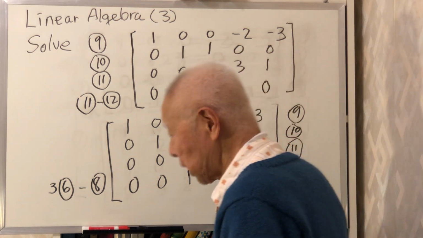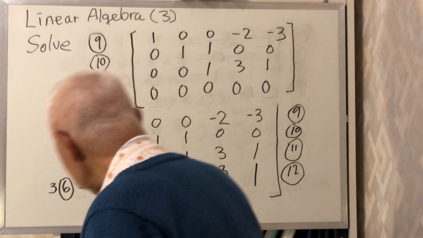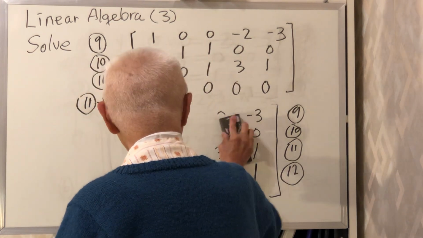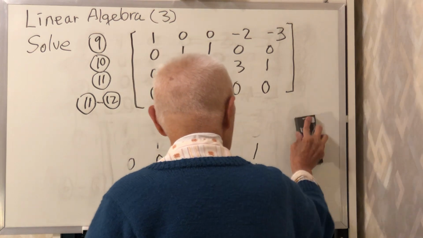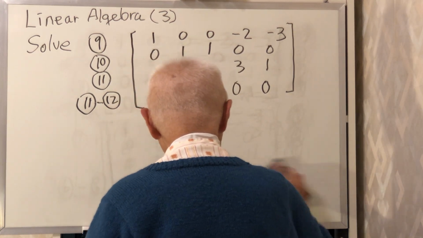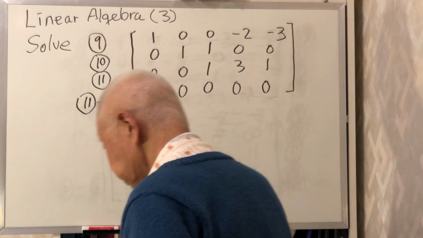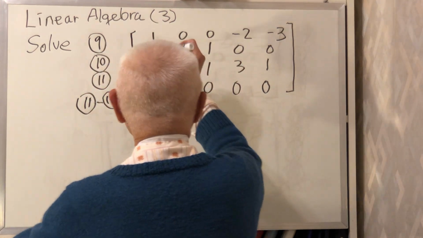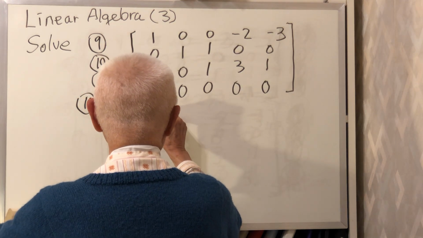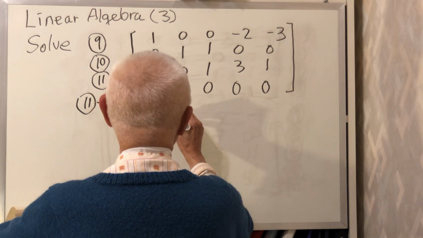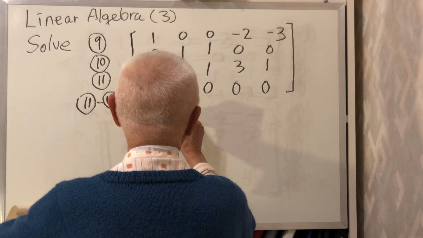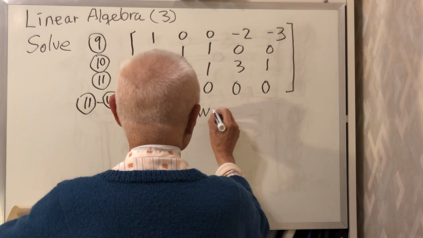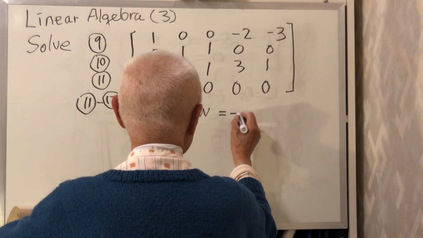So I can write my answers this way. I have x minus 2w equals -3.